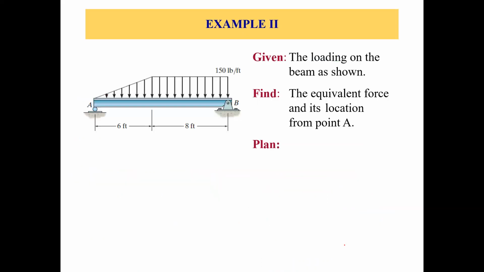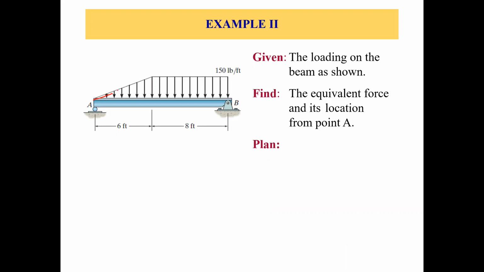Okay, now let's do another problem. This problem 2. We have a beam from point A to point B, and we have some kind of loading, right? We have a triangular load and a rectangular load on the same beam.